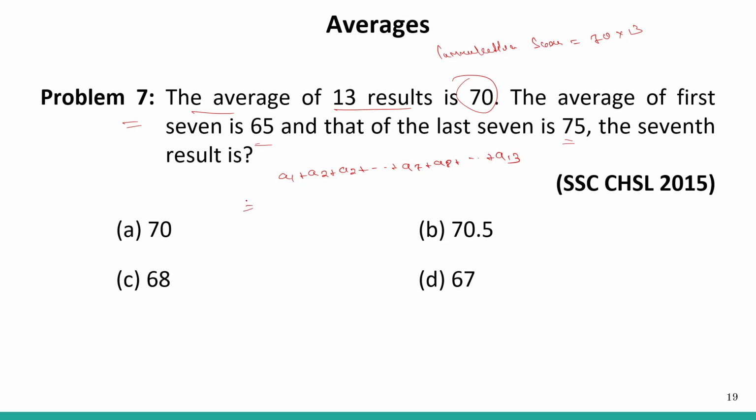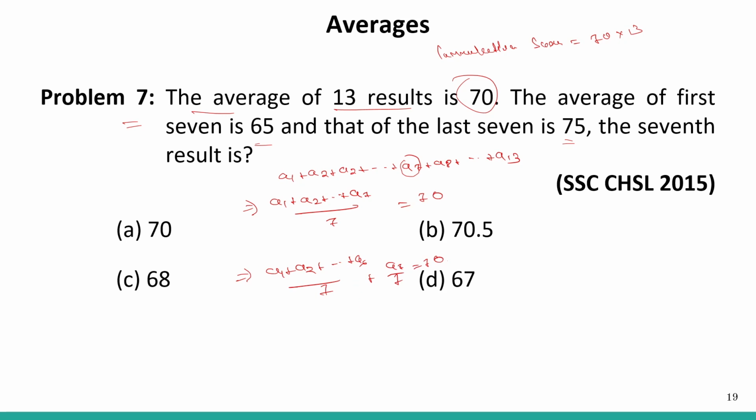So given that A1 plus A2 plus dot dot dot plus A7 whole by 7 is equal to 70. Let the 7th term be A7, right? So this implies that A1 plus A2 plus dot dot dot plus A6 by 7 plus A7 by 7 is equal to 70.